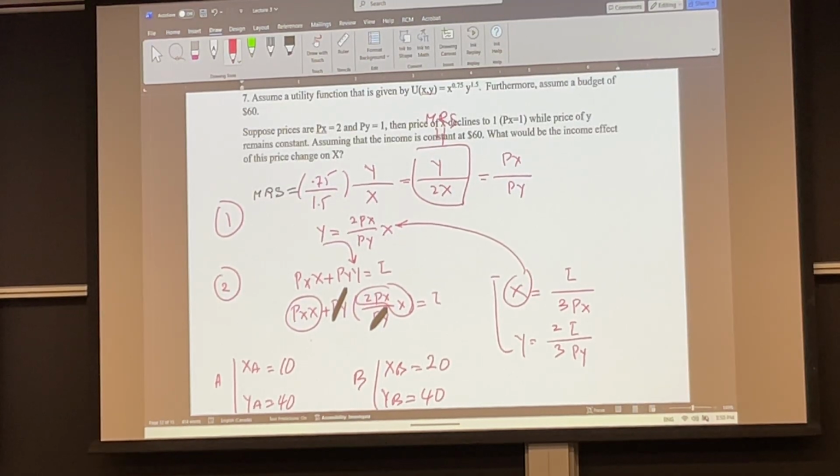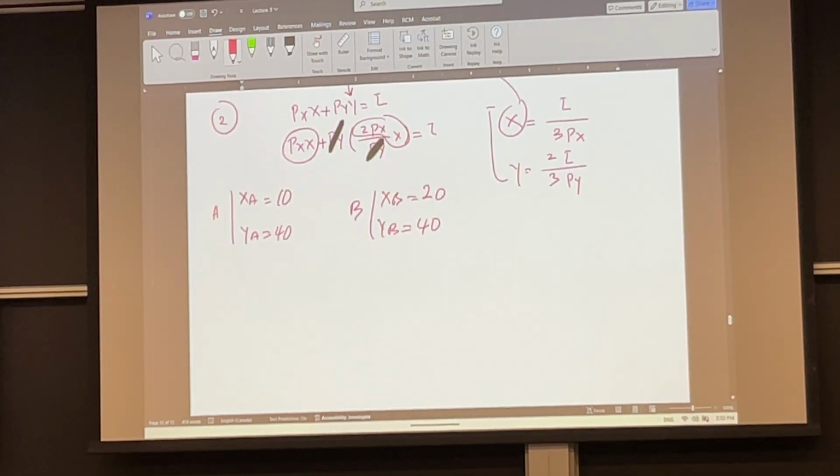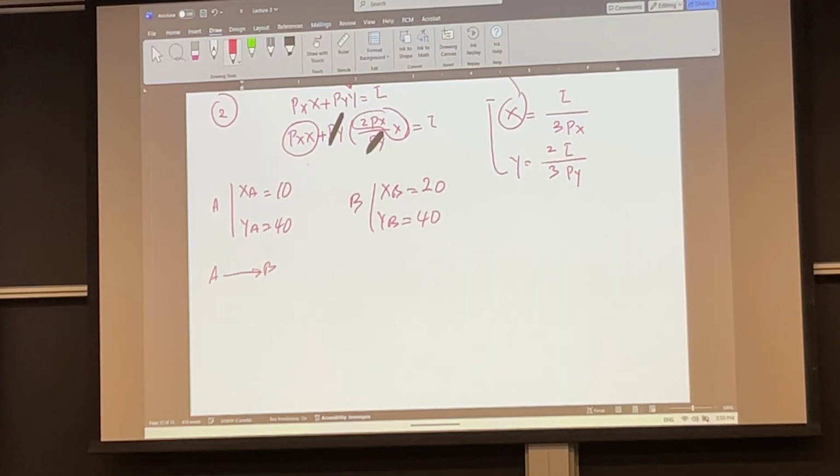What's the terminal bundle? The price of X drops from 2 to 1. That's 60, that's 3, that's 20. That's 20, and Y remains the same. Right? So the total effect of the price change is A to B. If I find the point that isolates the substitution effect and call it C, then A to C will be our substitution effect, then C to B will be our income effect.